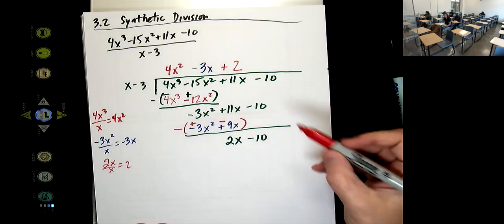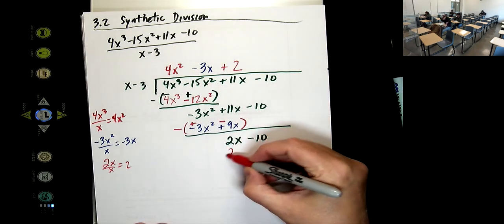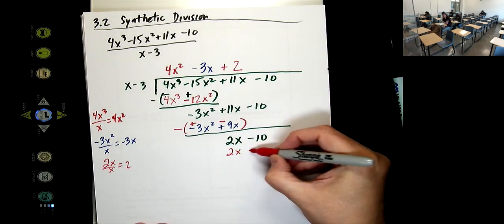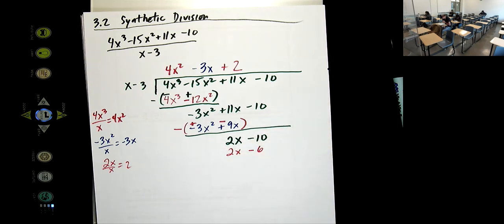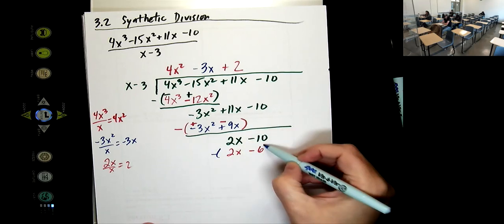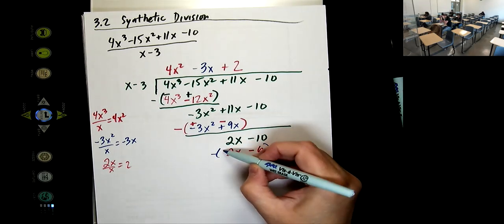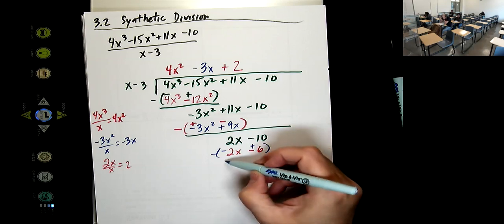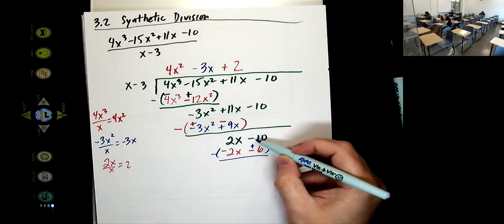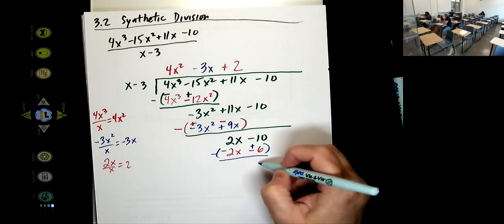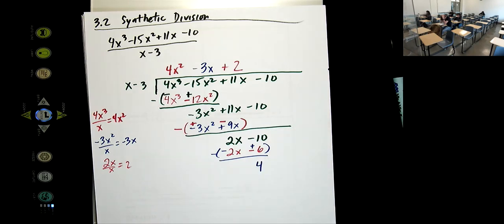Do the same process. 2 times x is 2x. 2 times negative 3 is negative 6. When I subtract this, it changes the signs inside, so I want to do addition. And I got 0x, and then negative 10 plus 6 is 4. This is where I stop.